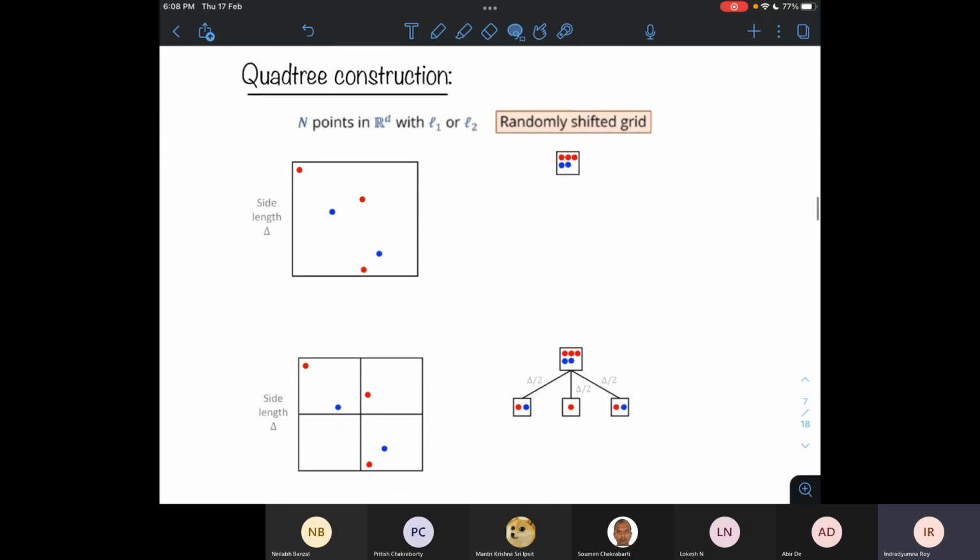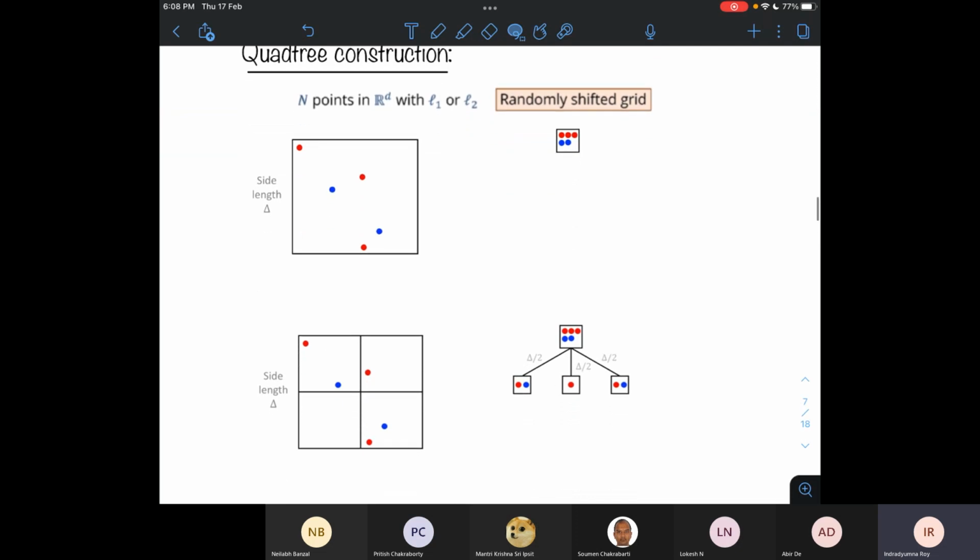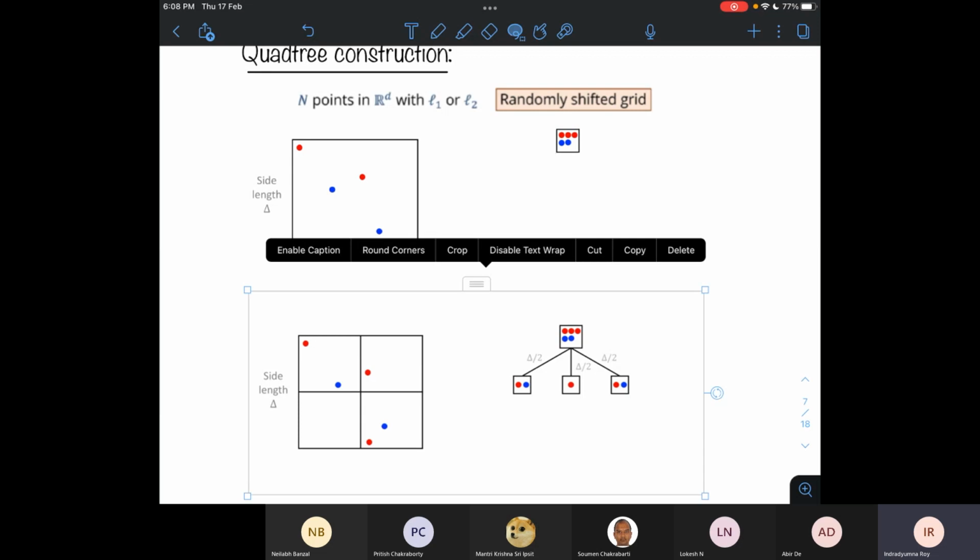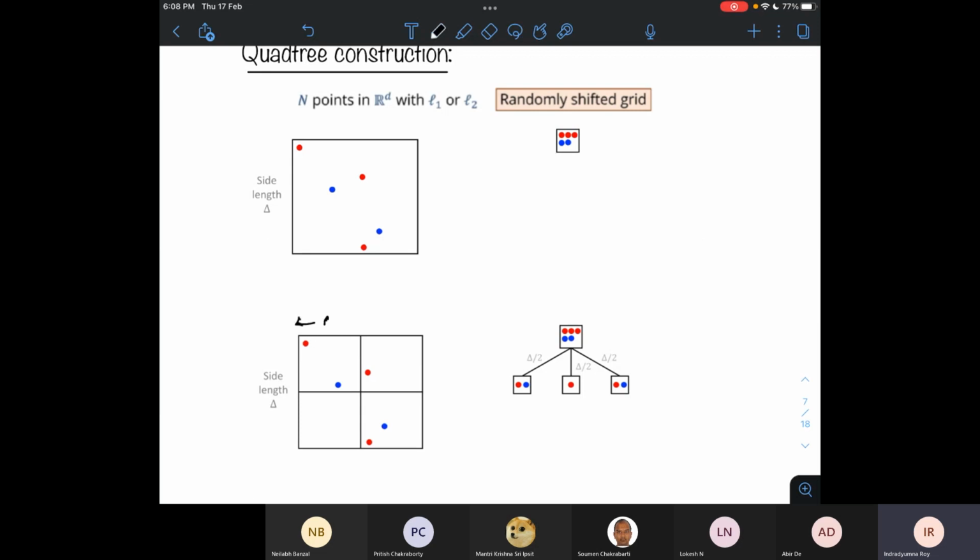So we impose a grid on this 2D space, which splits the points. And the grid usually splits the space half and half. So that's the construction technique. If you have a side length of delta, then the length of this part will always be delta by 2, and so on.